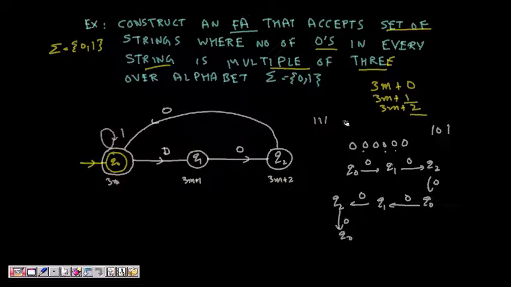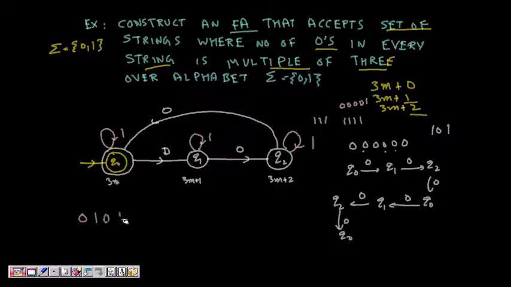If I have, let's say, 4 ones or 3m plus 1 ones, and then I see 4 zeros, I'm here, and then I see a 1, 1 will not make a difference in the count of 0, so this will also remain in the same state. Similarly, if I'm in Q2 and see a 1, I will remain in the same state.